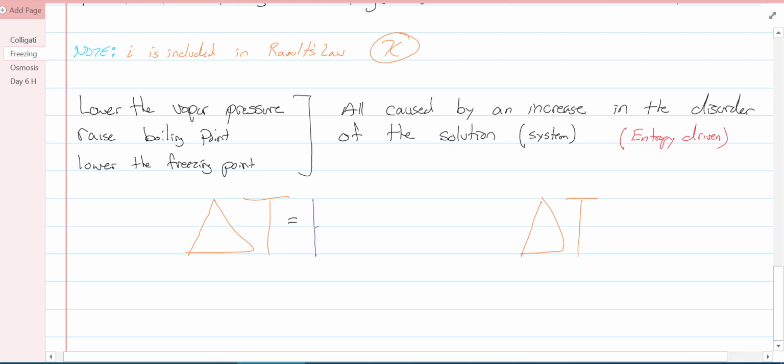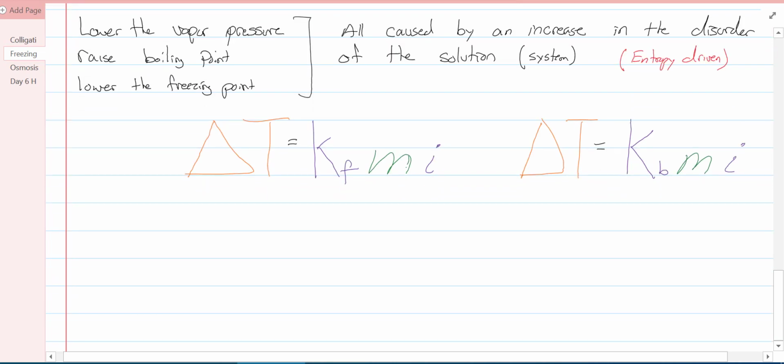There's a k, and it needs to be a lowercase k. kf or kb, m, and i. Alright, so what is this?